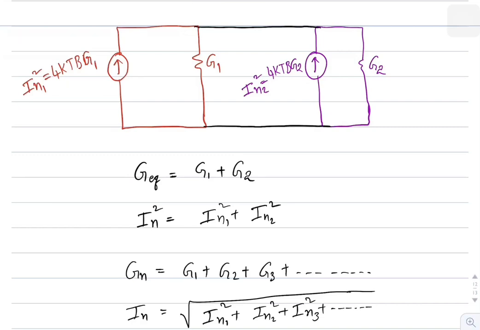This is how you find the resultant noise current or resultant noise voltage when the conductors are in series connection and parallel connection respectively.